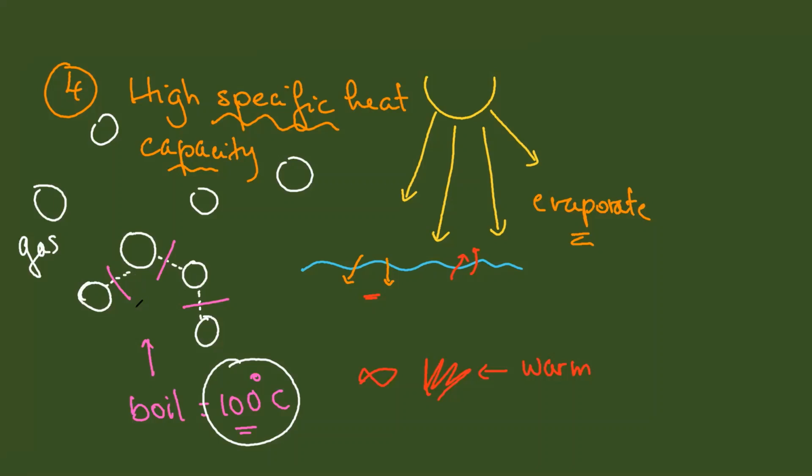But the presence of these hydrogen bonds allows us to raise the temperature of water to very high degrees like this in order to break the hydrogen bonds and allow the water molecules to escape from each other and fly away as water vapor molecules or gaseous molecules.